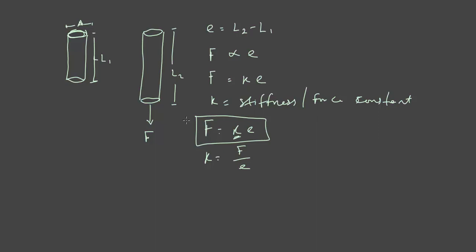The stiffness is a measure of the resistance to deformation of a given material, which means if K goes up, the material will have a very high resistance to stretching or extension. So a material with a very high stiffness will not stretch that much, even for a very large amount of force, whereas a material with a low stiffness will stretch significantly when a small amount of force is applied.